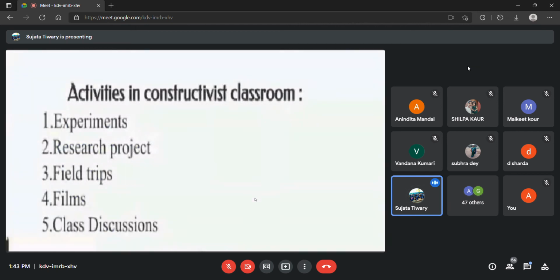Now, what are the different types of activities that can be done in a constructivist classroom? Experiments. We can provide them different materials like chemical materials. We can provide them lab equipment, a lab environment, and they will do their experiment. The theory will be given to them.